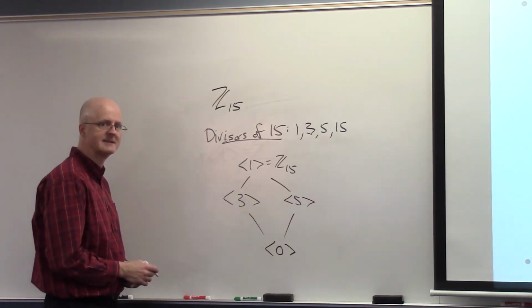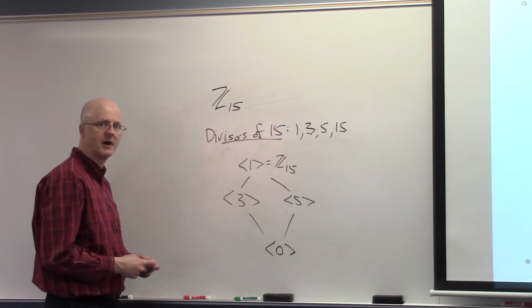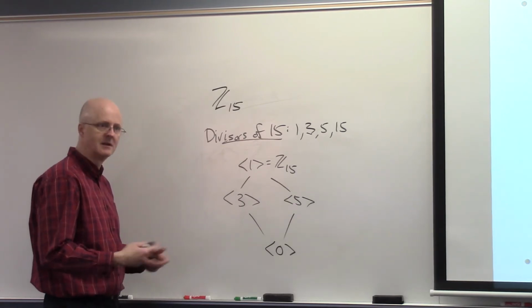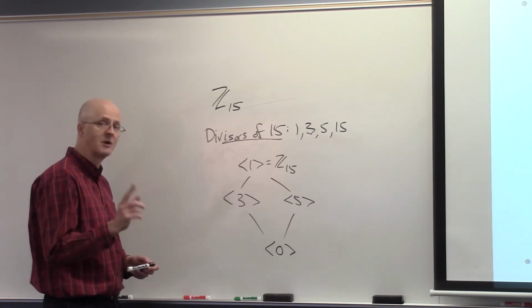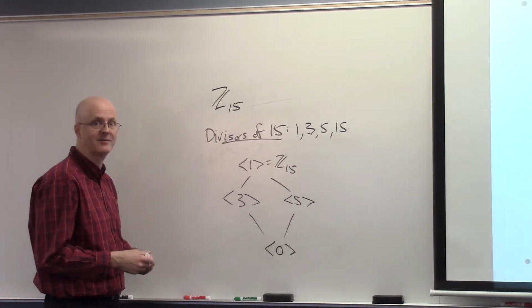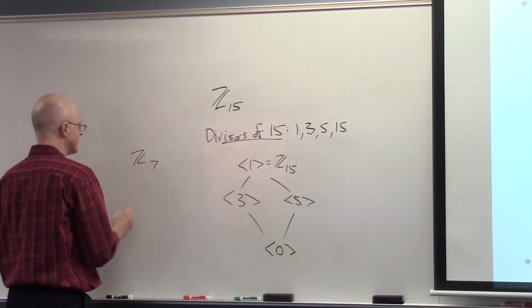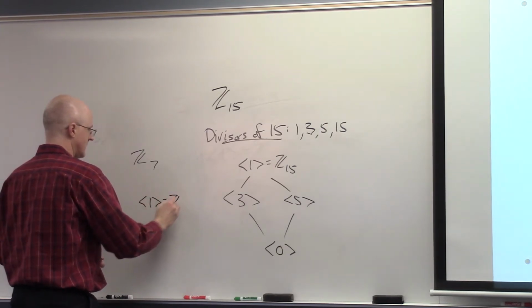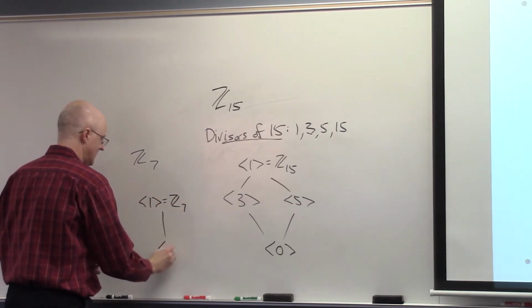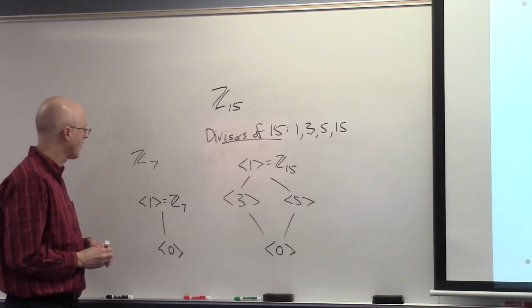Okay, so that's the second simplest kind of structure in general when you're talking about the order of a group being in terms of a certain product of primes. Of course, when the order is a prime itself, that's a power of a prime. That's really simple. Z7 has a very simple structure, just two subgroups, because the order is a prime.